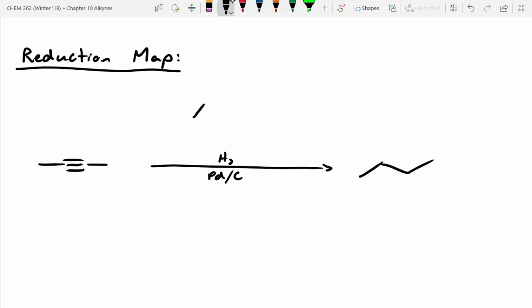And then we said we can also favor cis alkenes where both of the hydrogens are coming off the same face. What reagents do we need to go from an alkyne to a cis alkene? We need H2 and which catalyst? Lindlar's.